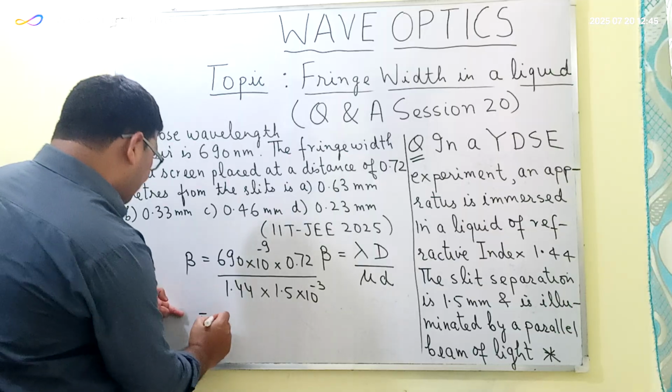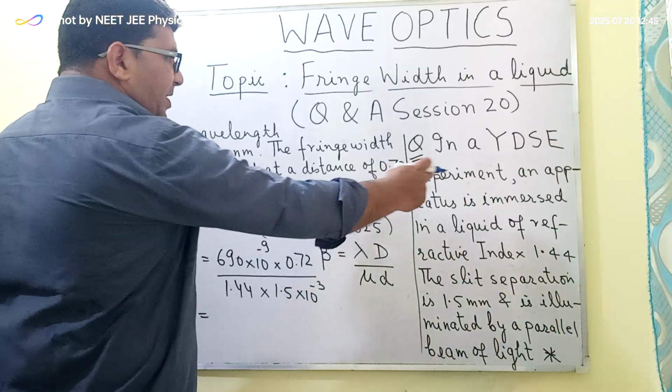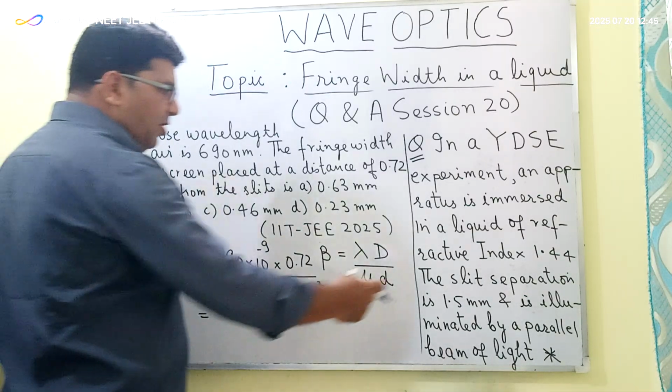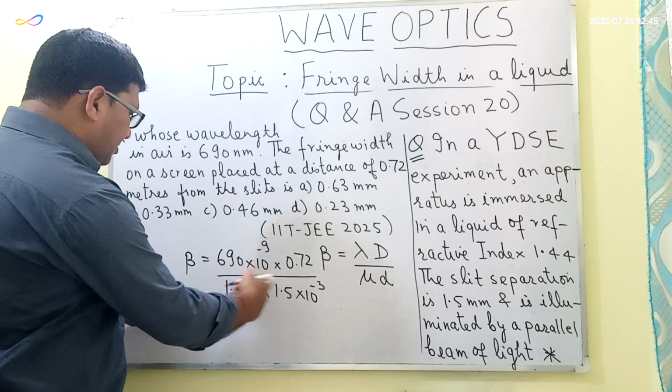So this is the fringe width when this apparatus is immersed in a liquid of refractive index 1.44. Now we simply have to solve this.